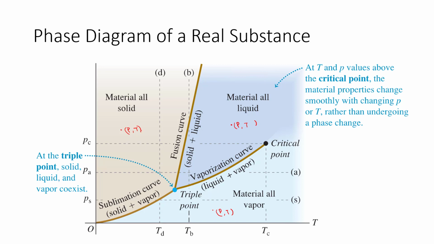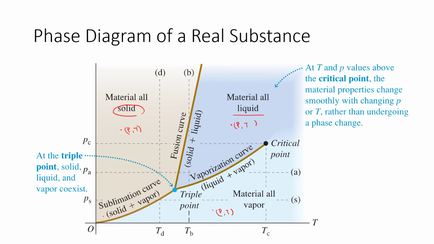All the points in this region represent the solid state, whereas in this dark blue region all these PT points represent liquid phase, and here all the points in this region represent vapor phase. So only one phase exists in these regions, except along these lines.